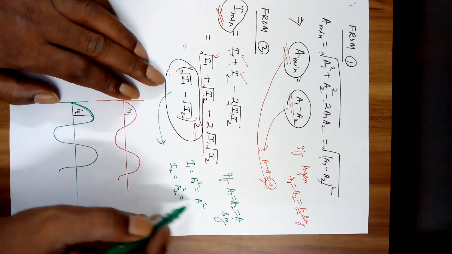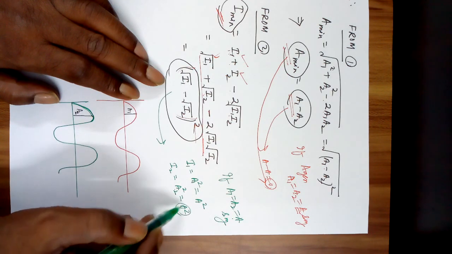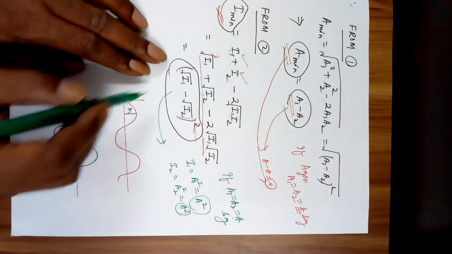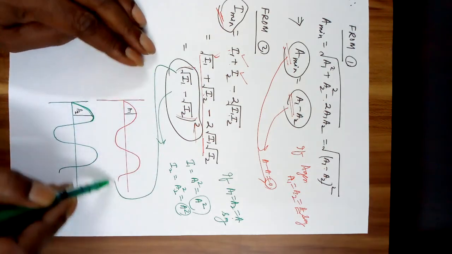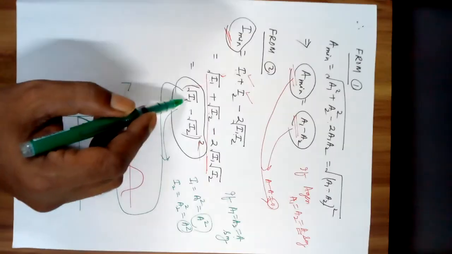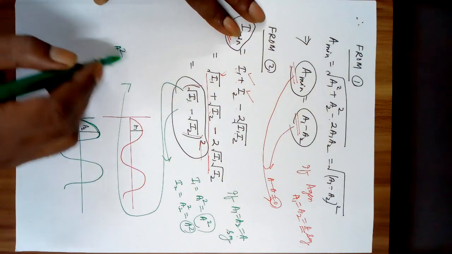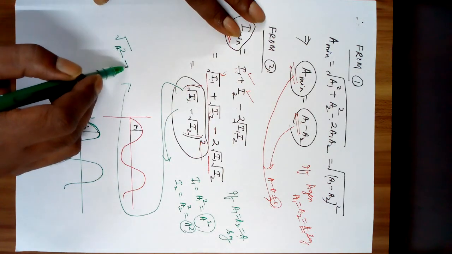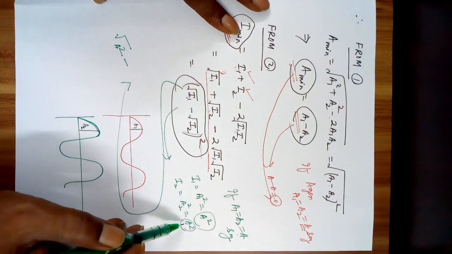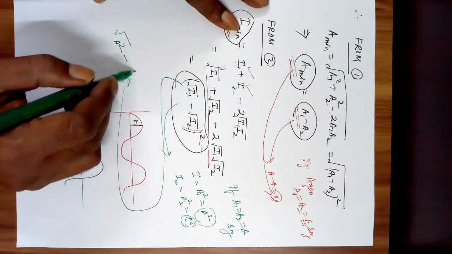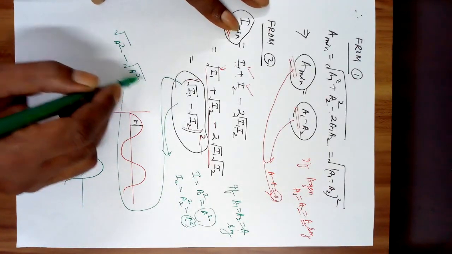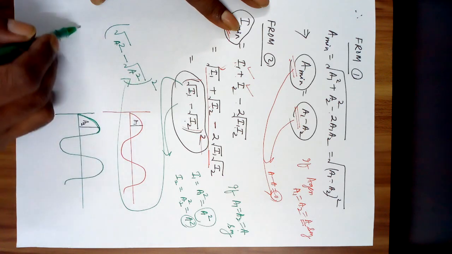Now your A2 is also A, so it is equal to A square. So for I1 write A square, square root of that, minus for I2 also write A square, square root of that, then square of that.